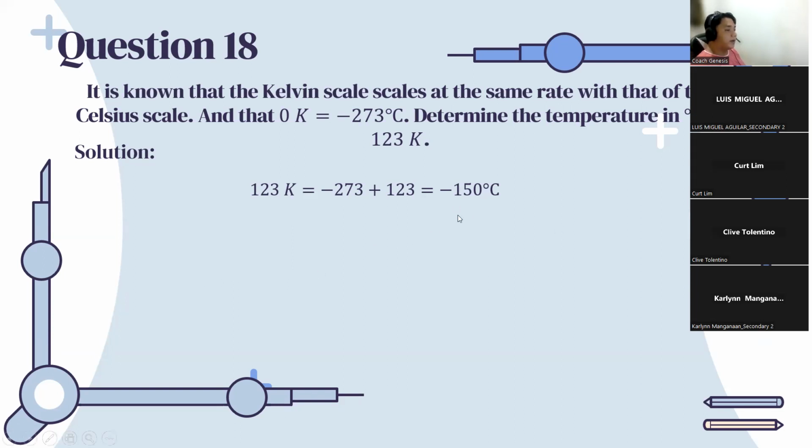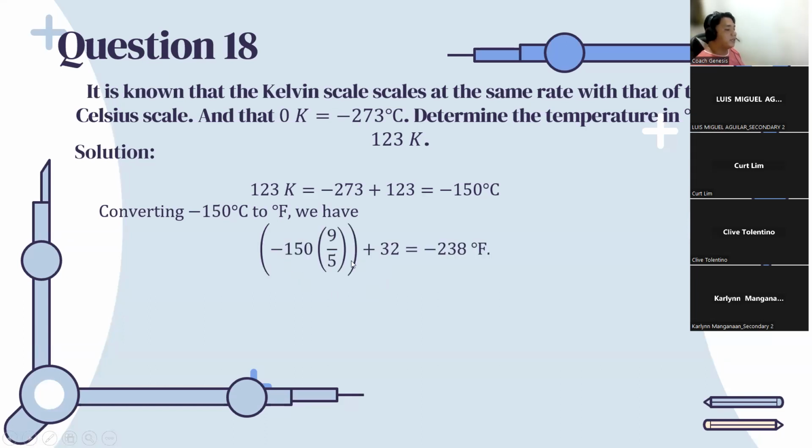So how will we do that? If you are given a temperature in degrees Celsius, then what you need to do is multiply that by 9/5 or 1.8, and then add 32.